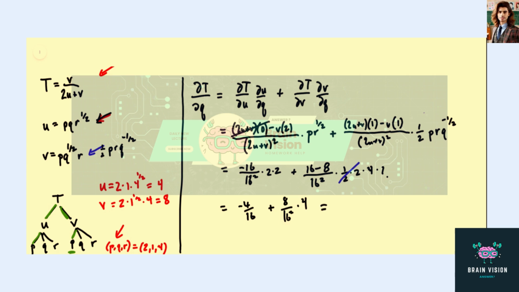So once again, it looks like we're going to have -4/16 plus 4/16, which again is 0. Okay. So our last partial we have to get is partial of t with respect to r.